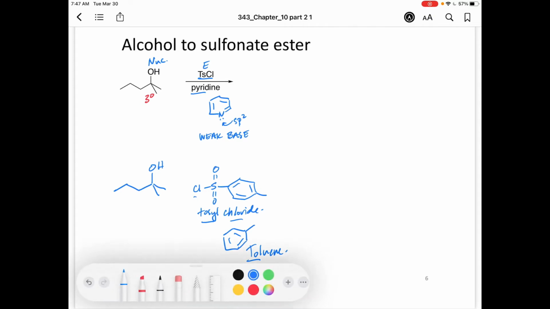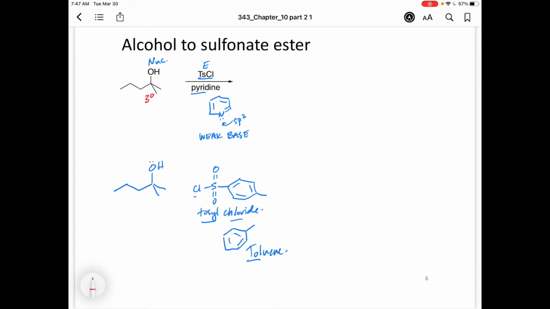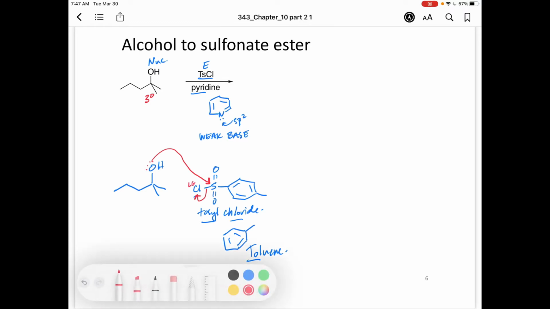I know some of these words can seem kind of funky, but with time it'll be more fun. It'll be like a little party trick. You'll know all of these random organic chemistry words. All right, so we've got our alcohol. We're going to attack the sulfur. The chlorine here is going to be our leaving group.